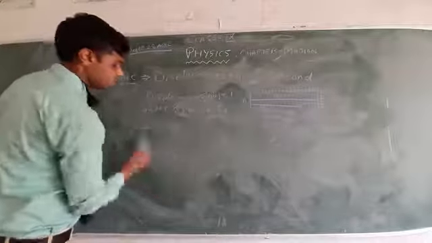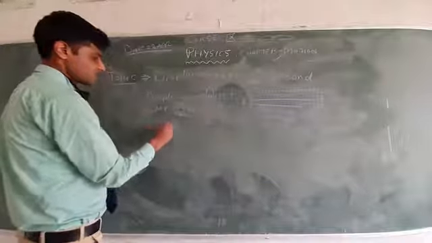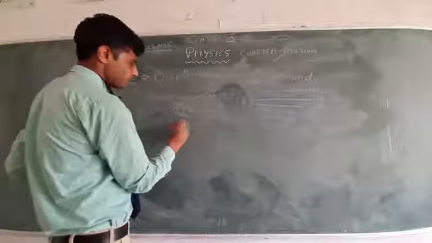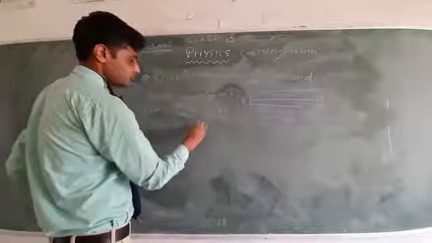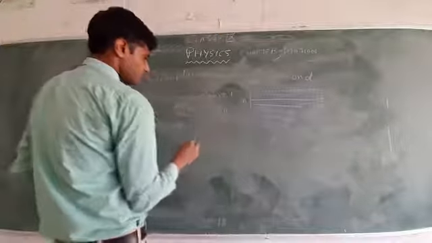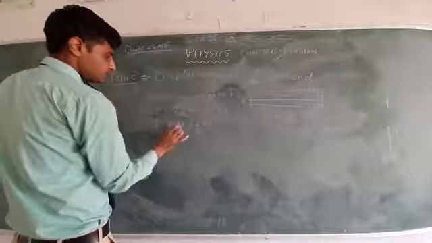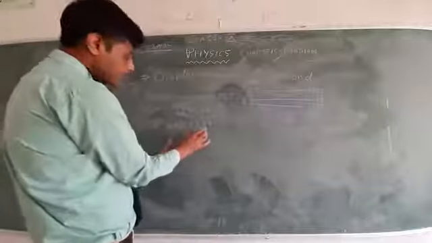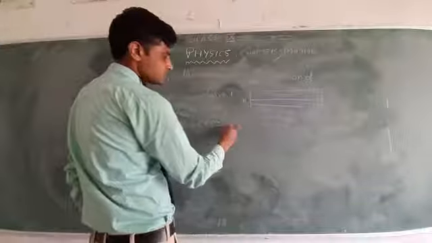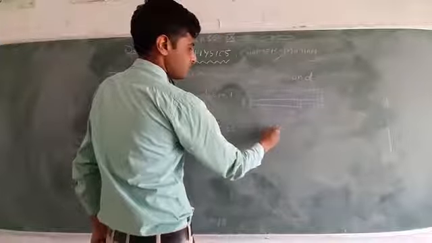Then the value of Sn is given as Sn equal to ut plus 1 upon 2 at square. We can find Sn by using the second equation of motion.